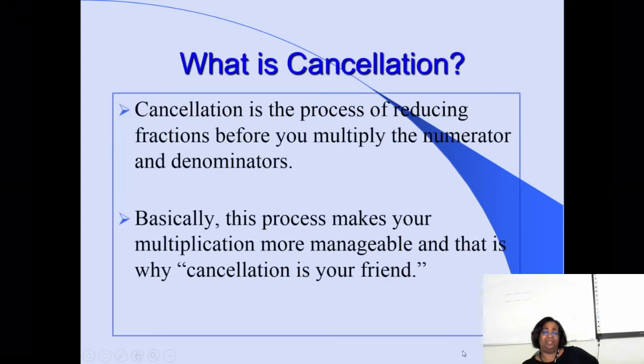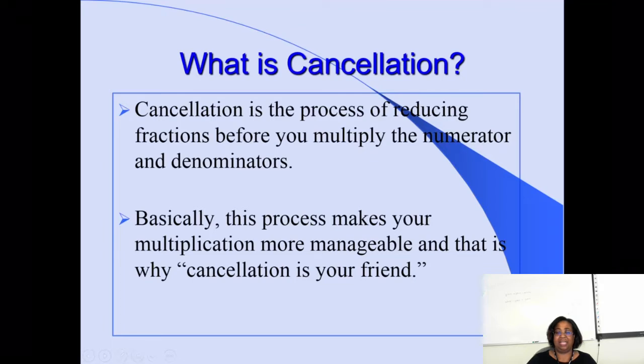Now this is what cancellation is. Cancellation is the process of reducing fractions. Remember yesterday we talked about reducing fractions using the same factor for both the numerator and the denominator? Well, when you cancel, you do that quickly and it makes your numbers more manageable when you're multiplying.